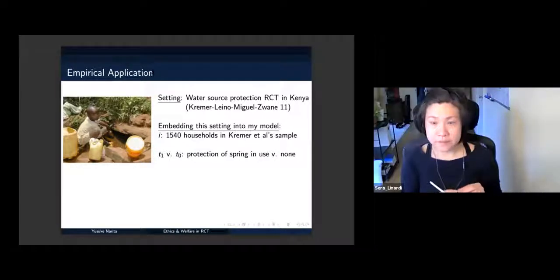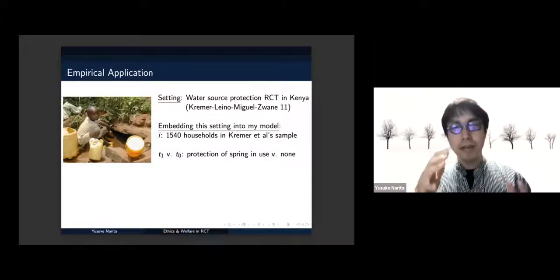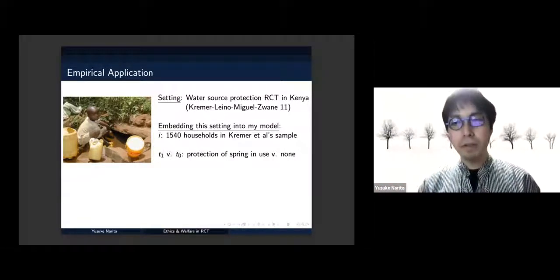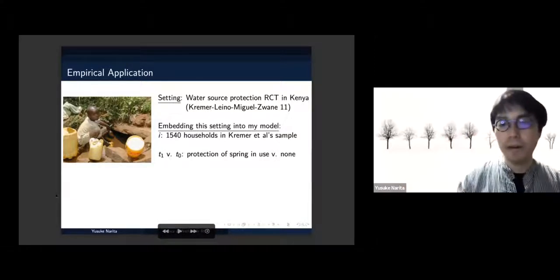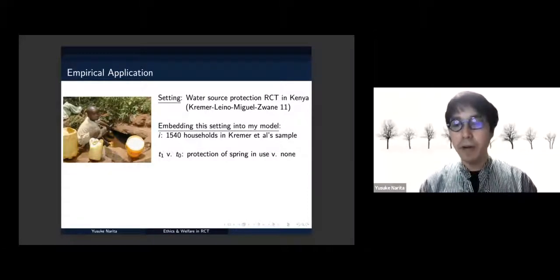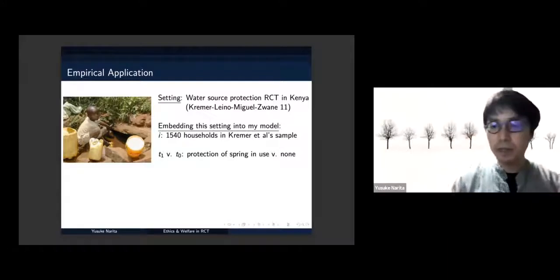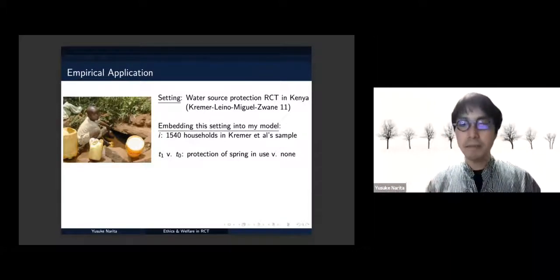Okay. Then, in the empirical application, I use data from a water source protection experiment done in Kenya a little while ago. And this experiment fits into my framework as follows. Experimental subjects are about 1,500 households in the original experimental sample who are randomly assigned to a binary treatment of the protection of the spring in use at the baseline versus no such protection.